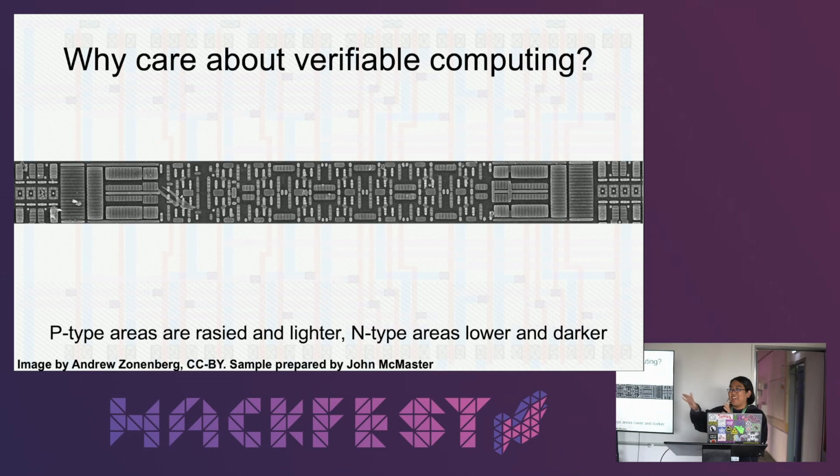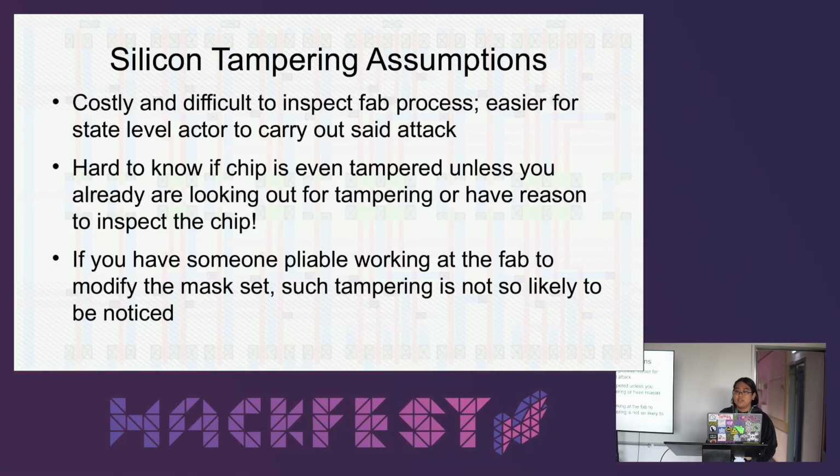So that's the caveat I do want to give, because I gave this presentation before back in 2022 and did not know of it at the time, but now I've spoken to people like Andrew, and he said yes, this is a method that can be used to detect this kind of Trojan. Well, I think the point is this sort of attack is easier for a state level actor to carry out, right?